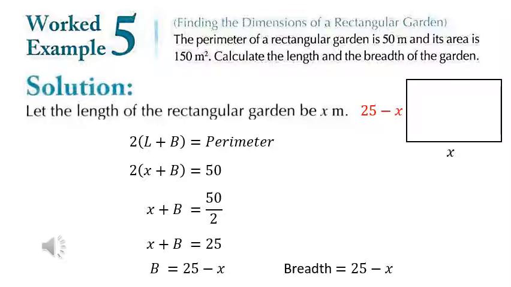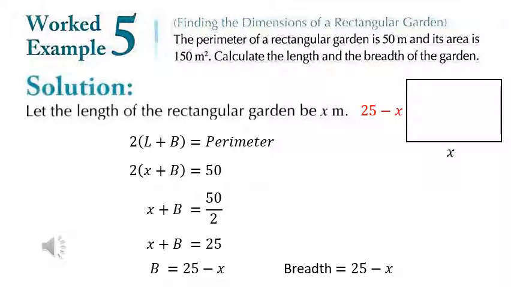On the other side, dividing 50 by 2 gives 25. Then we have x plus b is equal to 25. Subtracting x from 25, the breadth is equal to 25 minus x. In this rectangle, the length is x and the breadth is 25 minus x.